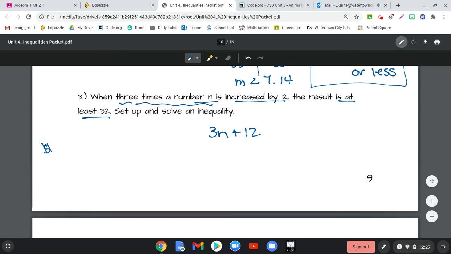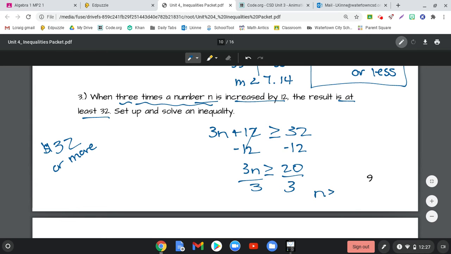Hey, Mom, I need at least $32 to go to the mall. So that means I want 32 or more. So it's greater than or equal to 32. For some reason, when we compare it to money, it's a lot easier. Oh, this looks familiar. We already did this one. Well, we'll finish it up. You just subtract and then divide by 3.